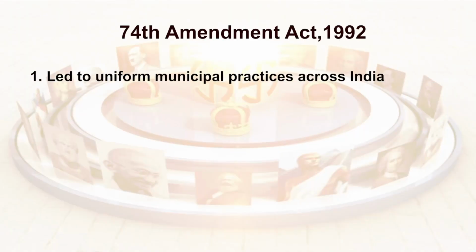But suffice it to say here that this 74th Amendment Act, which became operational in April 1993, has been a very successful one. One, it has led to uniform municipal practices across India.